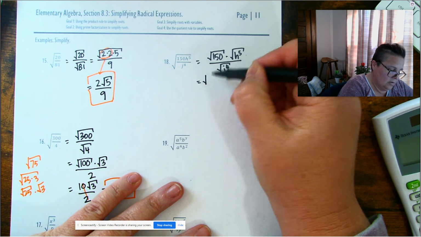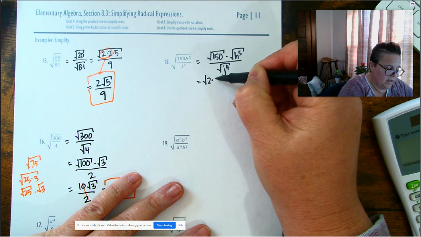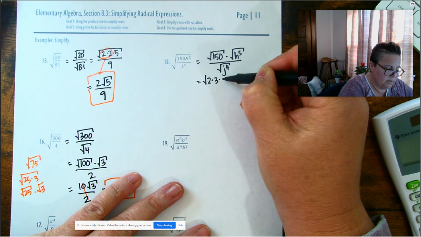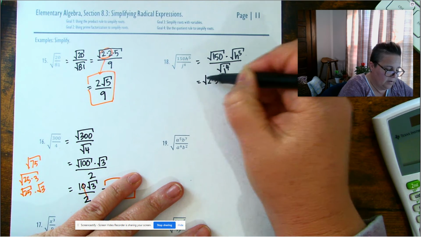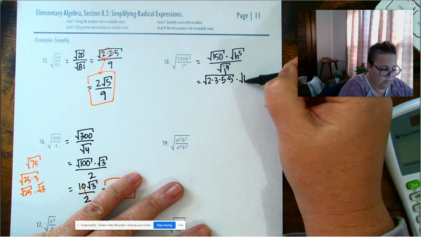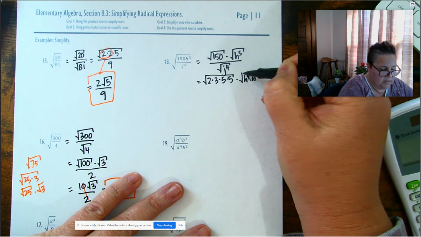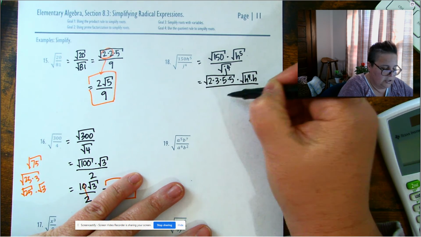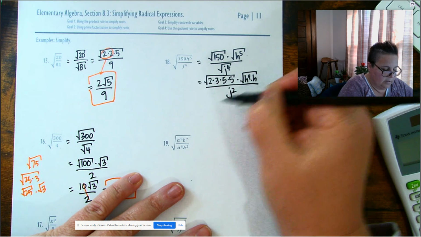So 150 is 2 times 75, which is 3 times 25, which is 5 times 5, times h to the 5th would be h to the 4th times h, and j to the 4th would be j squared.